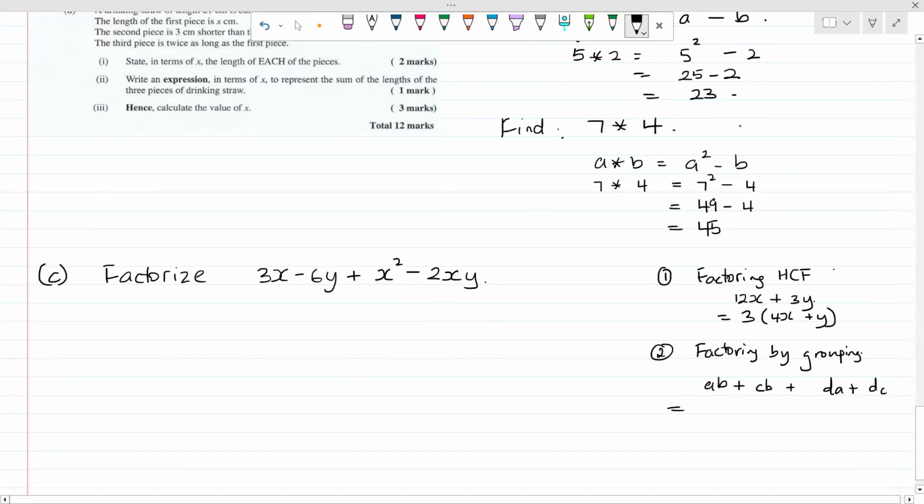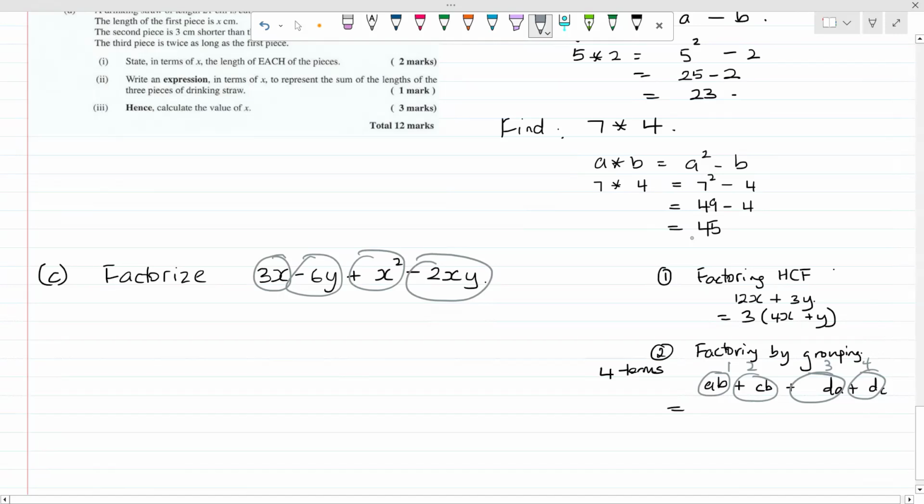You always would know when you're factoring by groups because the question tends to have 4 terms. Let's count them. 1, 2, 3, 4 terms. 1, 2, 3, 4. So most likely, this is factoring by grouping.